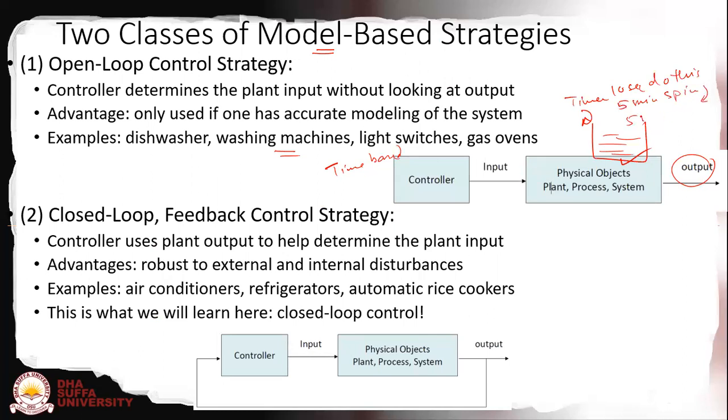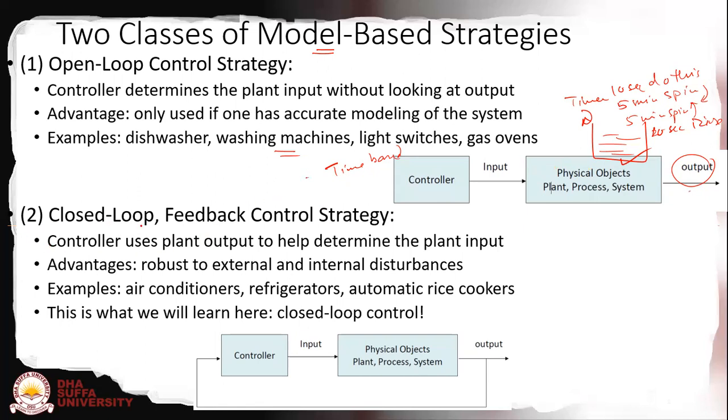Then for 5 minutes you spin left. And then for 10 seconds you rinse, and so on. But we have no idea about the output. So this may be time based. This is open loop control.